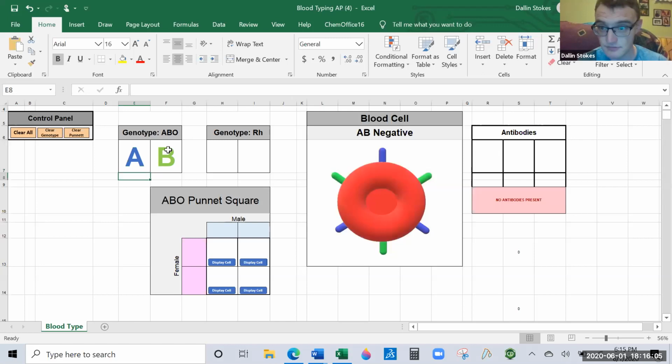I have A-type sticks and B-type sticks on the outside. One made A-type sticks. The B one made B-type sticks. So I've got both A and B-type sticks, hence I am AB-type blood. Does that make sense? Hence it's codominant. Because the A makes sticks, the B makes sticks, and they both show up. So it's codominant. Good so far? Okay.